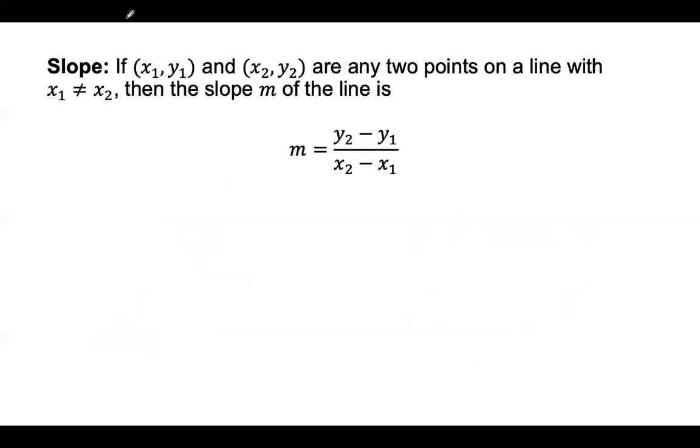Okay. So the slope, suppose you have 2 points, x1, y1, and x2, y2. They're just basically any 2 points on this line where x1 does not equal x2. Then the slope m of the line is given by this formula. So again, let's write this down. So the slope is equal to the change in y over the change in x.